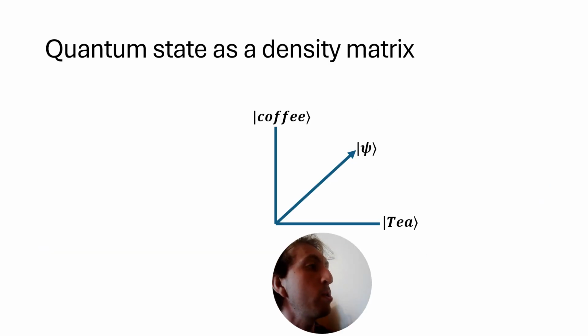So we talked about mixed classical states. Now we're going to talk about using a density matrix to represent a quantum state. Now you might at first think, why use a density matrix when state vectors work so incredibly well? And really the reason boils down to the fact that we want to talk about decoherence. And decoherence will result in a mixed classical state. So we need to describe the evolution of something to a mixed classical state.